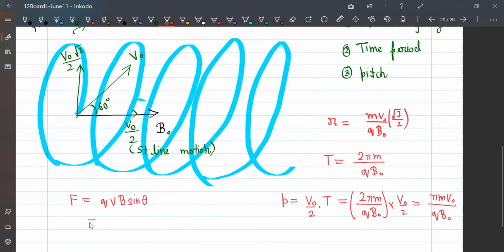Theta here is 60, so it will be q v naught B naught sine 60, that will be root 3 by 2. Anything else? No, sir. Okay. So when velocity makes some angle with the magnetic field, the motion of the particle will be a helix.